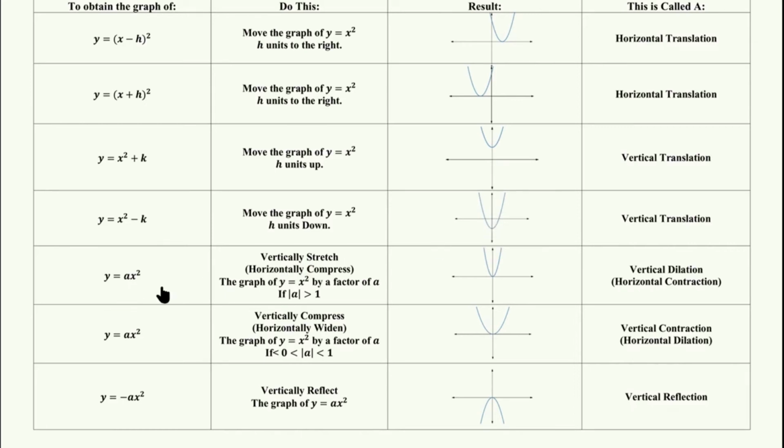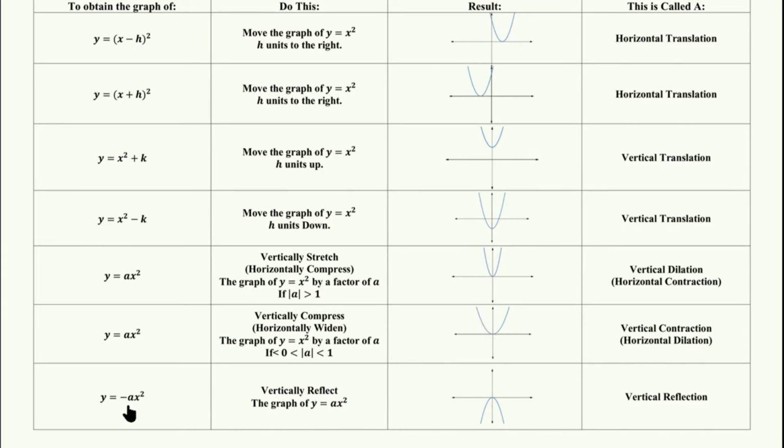These are the vertical stretches. Remember, if the absolute value of a is greater than 1, it's going to become narrower. And if the absolute value of a falls between 0 and 1, it's going to become wider.